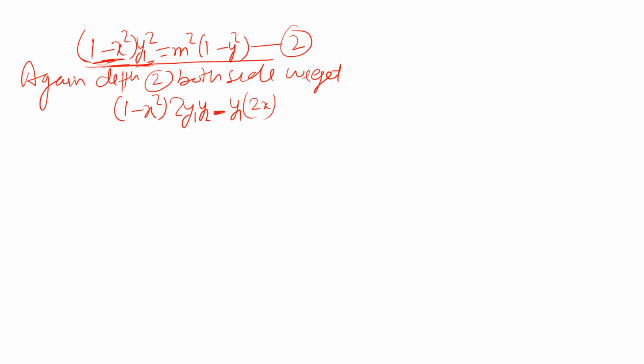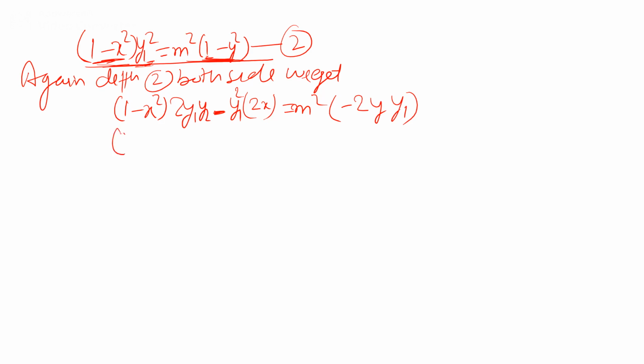Now this y1 square is equal to, take the derivative on the right hand side, we write m square, and the derivative of that one, derivative of 1 is 0, and minus y square, we write minus 2y into y1.